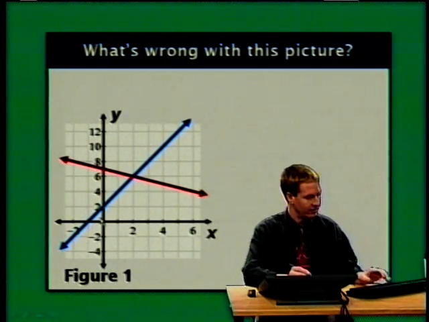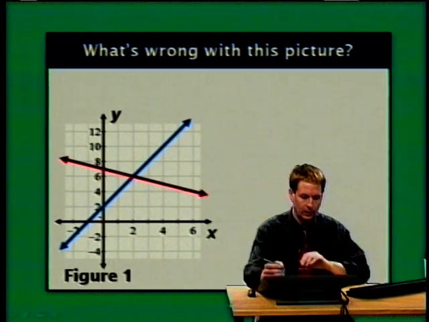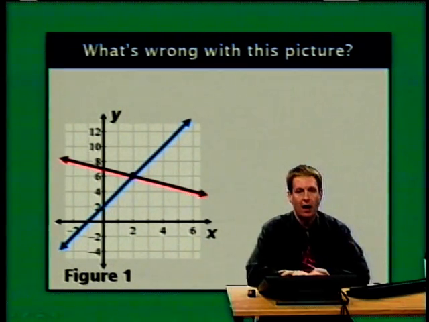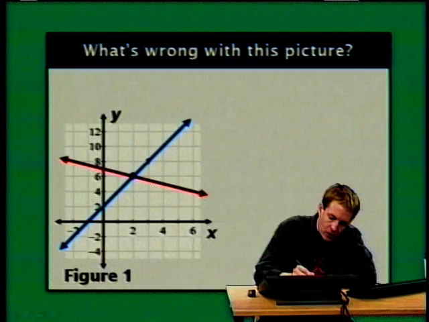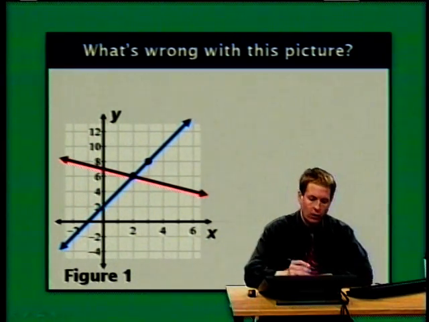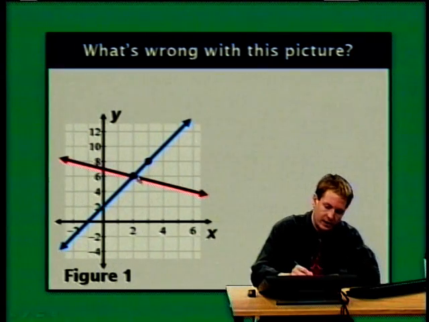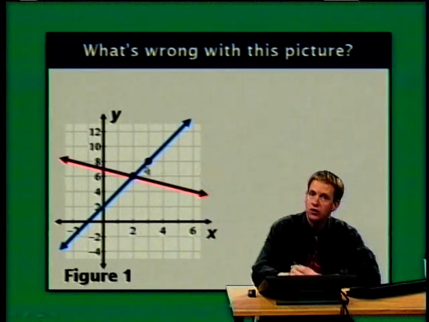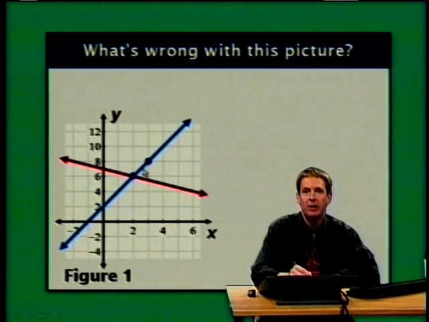Let's check out the slopes. I have the point 2, 6 on the blue line. I also have this point on the blue line. The rise between those 2 points is 1 box, and the run between those 2 points is also 1 box. So you might think the slope is 1 over 1. You'd be wrong, because you haven't yet considered the scale.